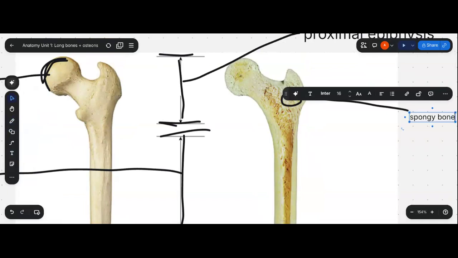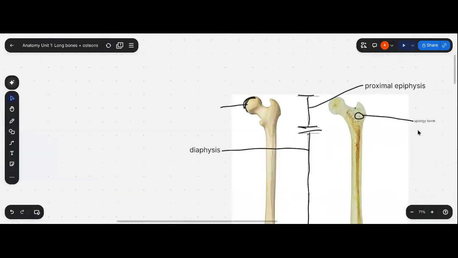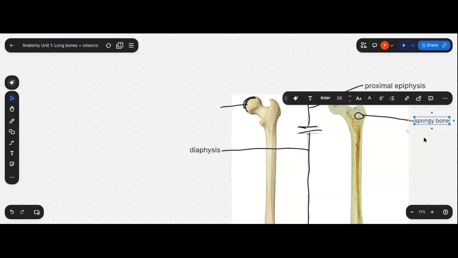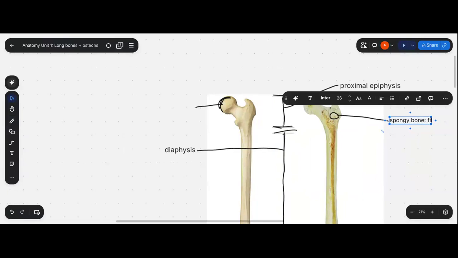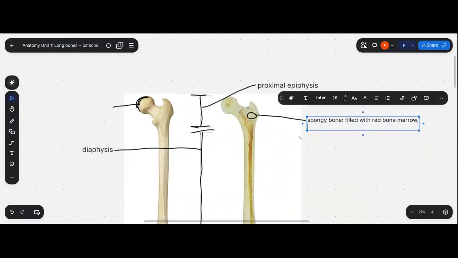Now, spongy bone is filled with red bone marrow. So this would be a region where you find red bone marrow. And red bone marrow is, shockingly, made up of red blood cells. So red bone marrow equals red blood cells.